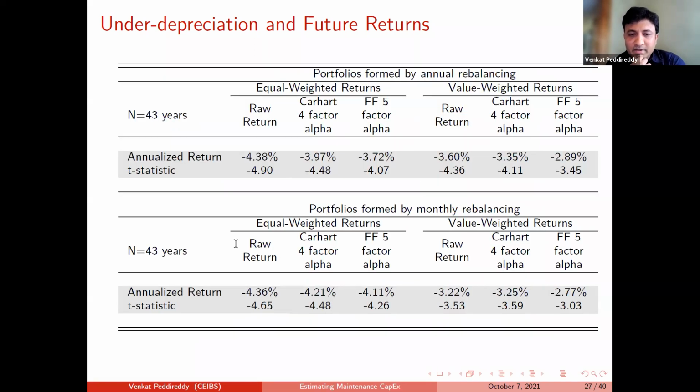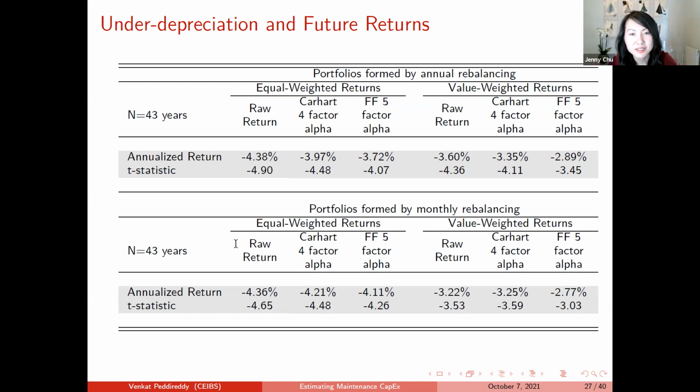Finally, I look at the long-short portfolio returns, going long on firms with higher values of under-depreciation and short on firms with lower values, and that generates a negative annualized return of around 2.8% for the value-weighted returns.